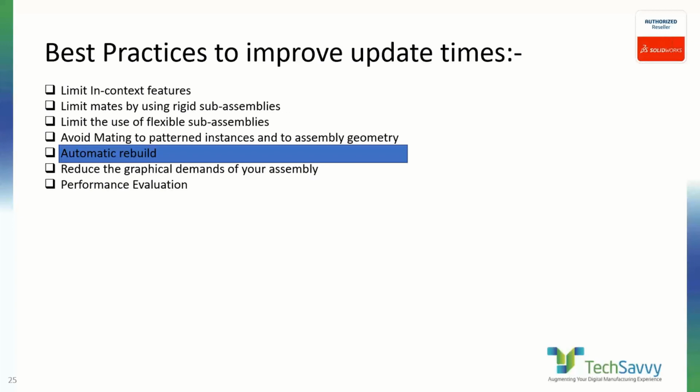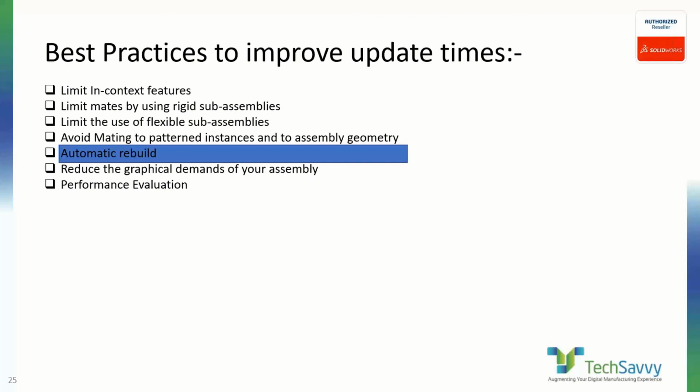With the option enabled, in context parts show a rebuild flag instead of automatic rebuild, allowing you to make multiple changes and then update at once. This option can be quite useful in complex routing assemblies, which rely on in context sketches by their nature. It has no effect on other common assembly updates like mates and display.